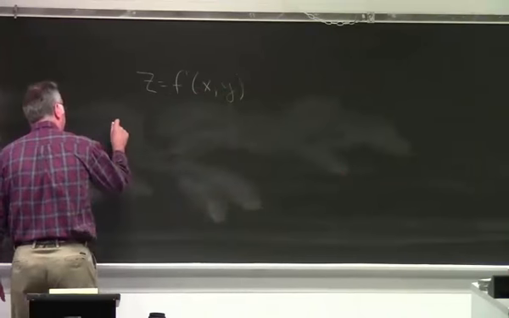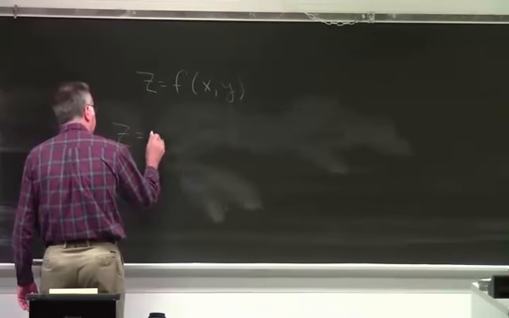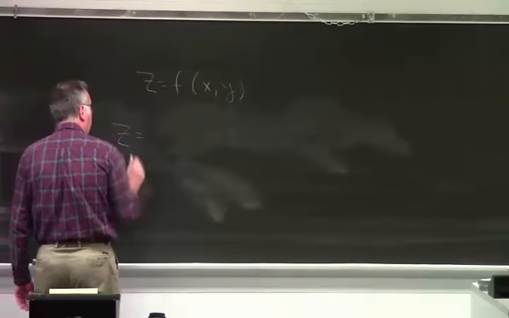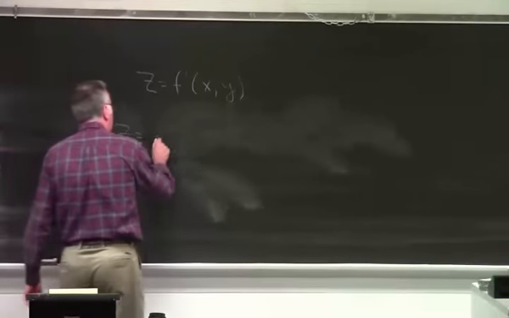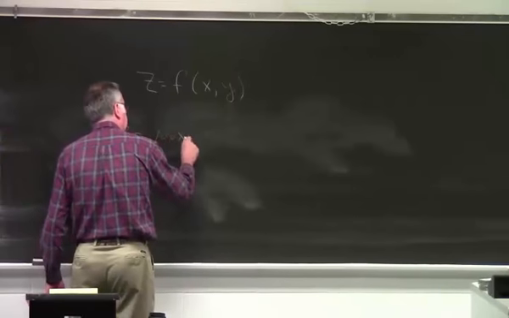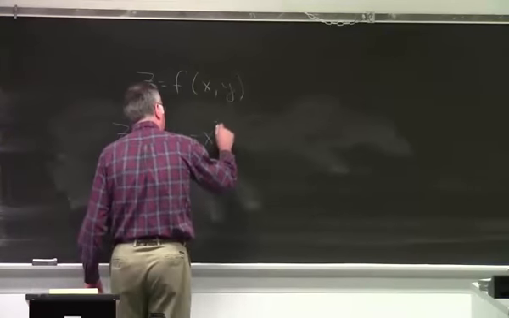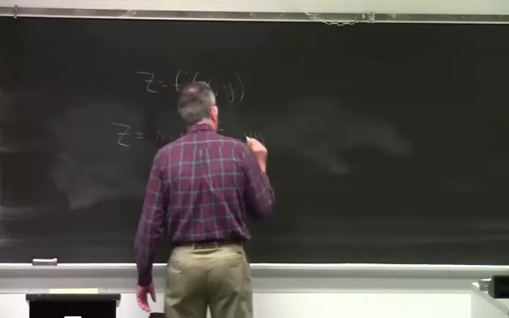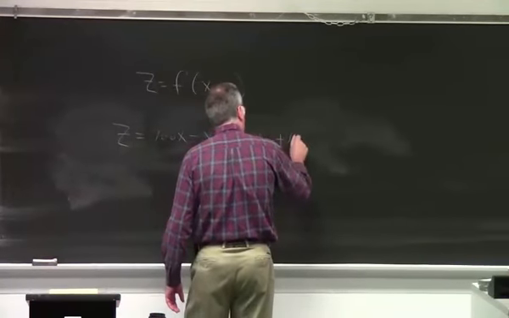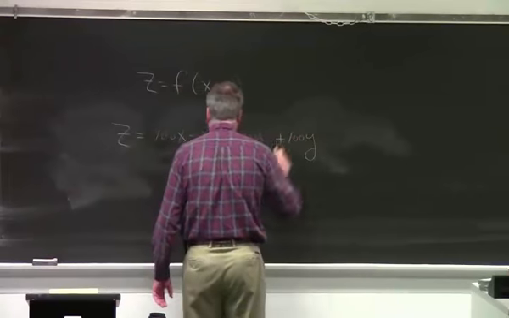Consider this function right here. Z is a function of x and y, and this function f is this: 100x minus x squared plus xy plus 100y minus y squared.